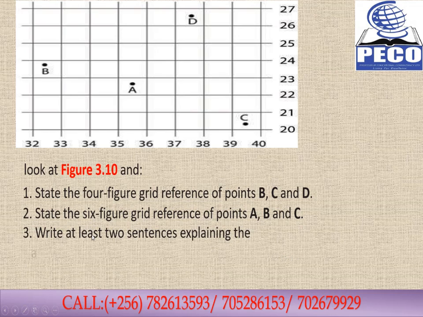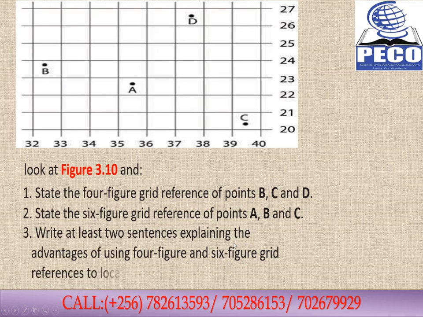Then after that you're going to write 2 sentences explaining at least 2 advantages of using the 4-figure grid reference, and then the 6-figure grid reference, to locate places on the map. I've already given one advantage of the 6-figure: that it gives the exact or accurate location of a feature on a map.